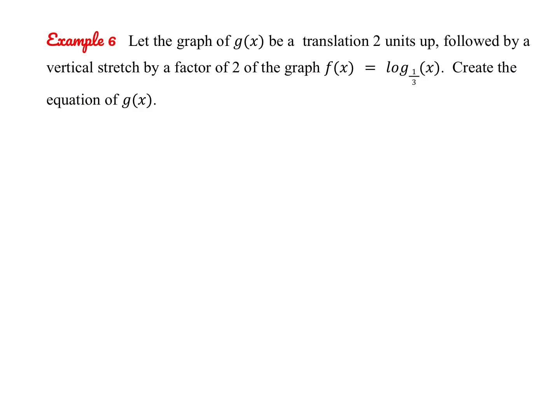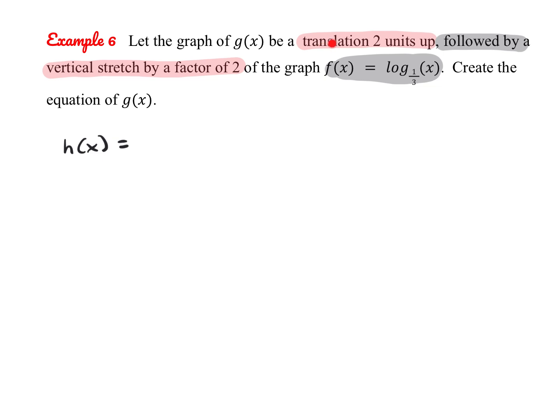All right, let's do this last example together. So this says, let the graph of g of x be a translation 2 units up, followed by a vertical stretch by a factor of 2 of this function, f of x equals log base 1/3 of x. So let's start with that first transformation. Again, I'm going to call it h of x because it's an intermediate step.